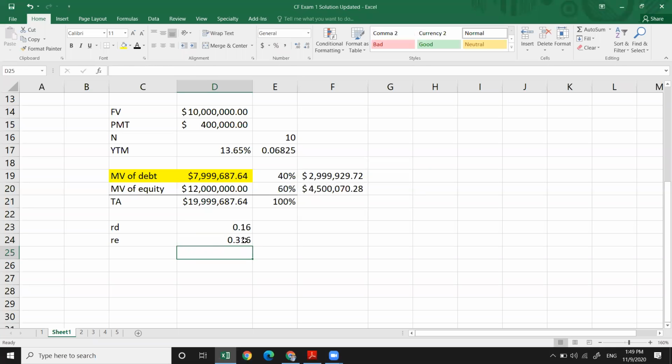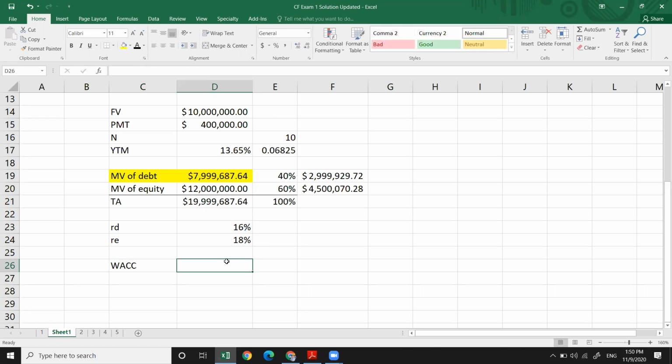I think we should deduct, no? Yes, minus, I agree, because we're getting the equity risk premium here. It's the difference between the market return and the risk-free rate. These are the percentages. Now we can calculate the WACC.